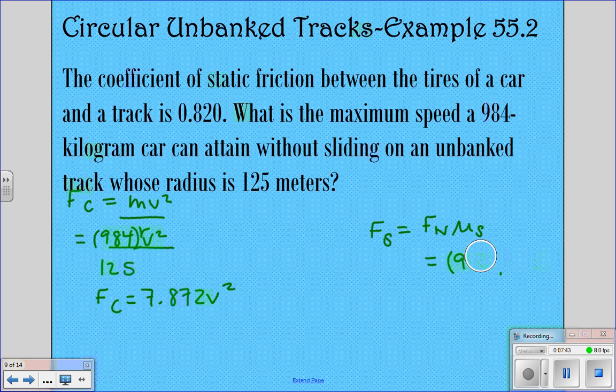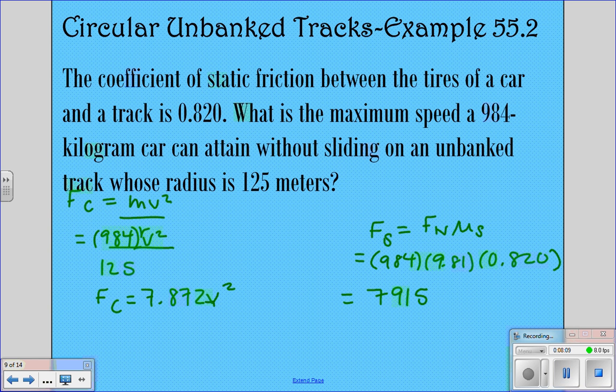I'm going to rewrite it for you. Okay, and so if you multiply that out, it gives you 7,915. And so that is what your centripetal force can equal.